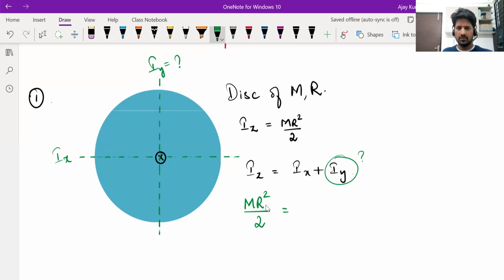Others, any of you, will there be any relation between Ix and Iy? Do you see any similarity, or will there be a particular ratio, or is there any equation for them?